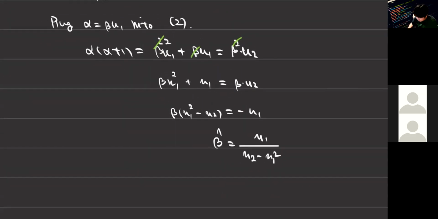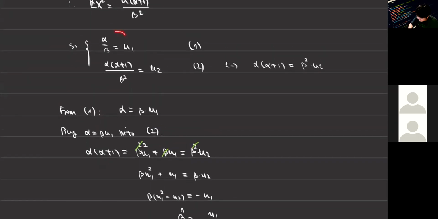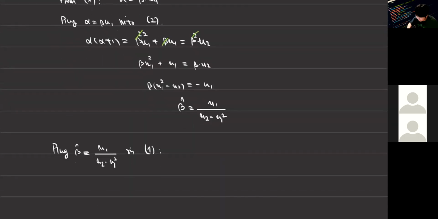So now with that being said, we can essentially plug beta hat in here. So this is beta hat, plug that in essentially equation 1. So what is equation 1? Well, equation 1 is up here, right? So you plug in beta, then you can solve for this alpha term. So that's the story. All right, and then you just say alpha hat is beta times mu1.